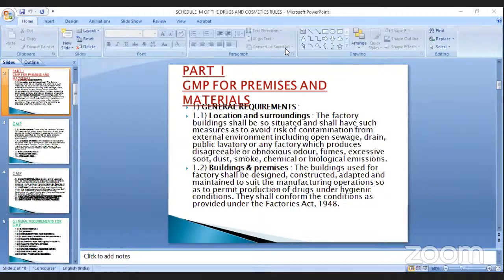The building used for factory shall be designed, constructed, adapted, and maintained to suit the manufacturing operations so as to permit production of drugs under hygienic conditions. They shall conform to the conditions as provided under the Factories Act 1948.